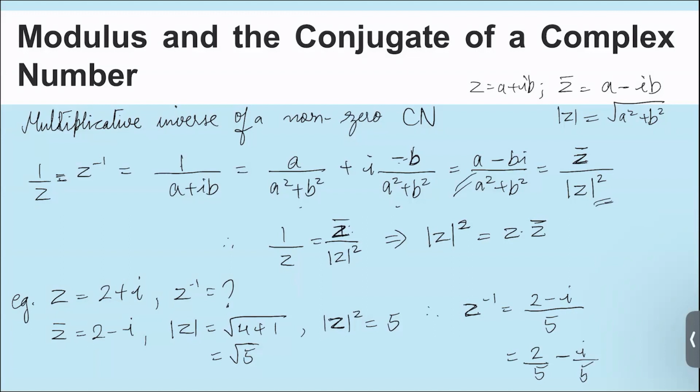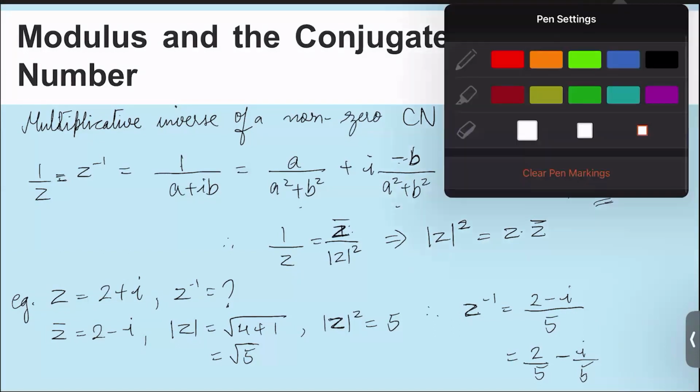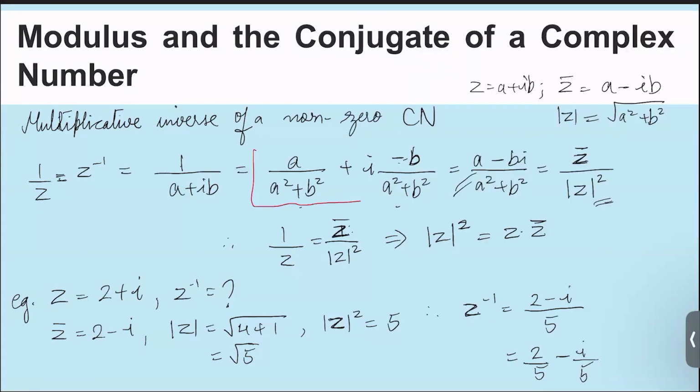So you can find the multiplicative inverse of a non-zero complex number using either the general form that was already given when we were looking at the product and the quotient of complex numbers, or you use this relation. Okay, so this is easier.